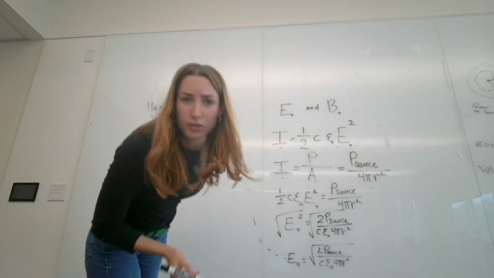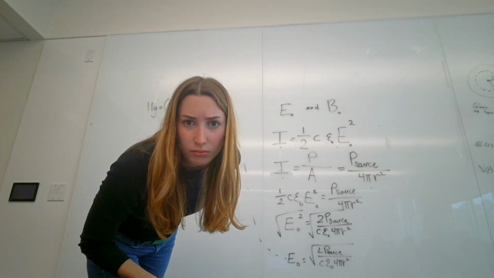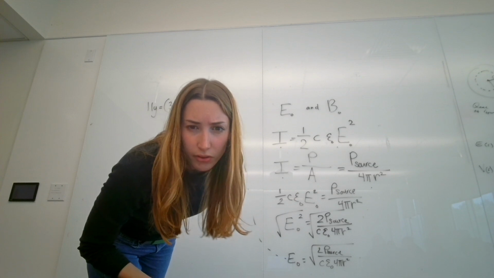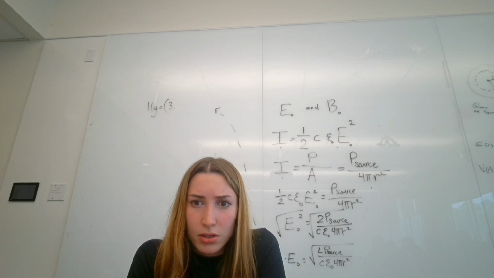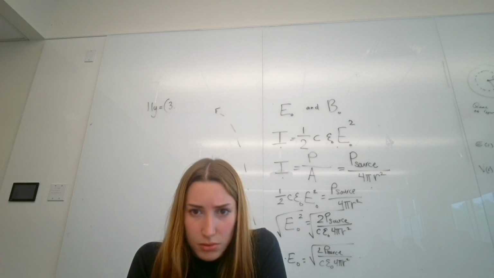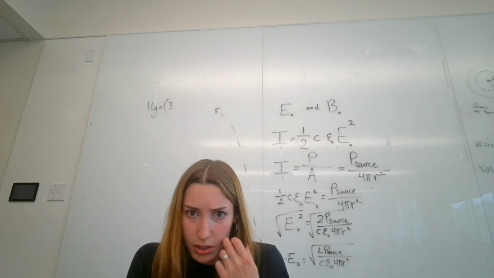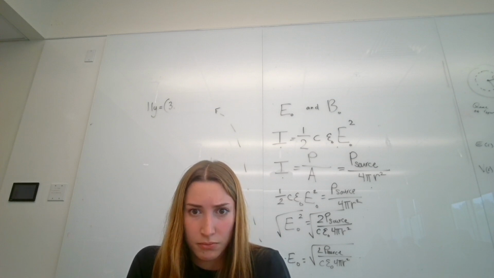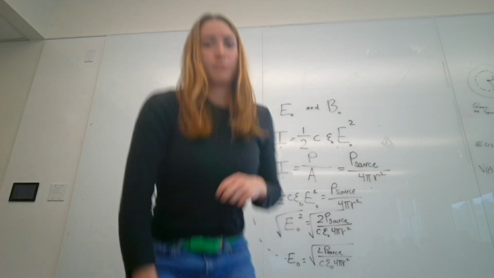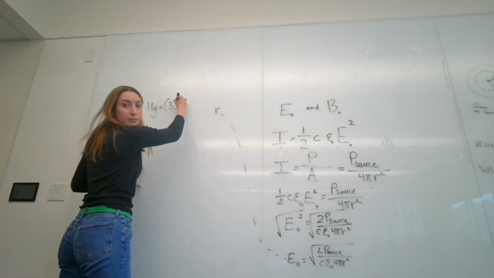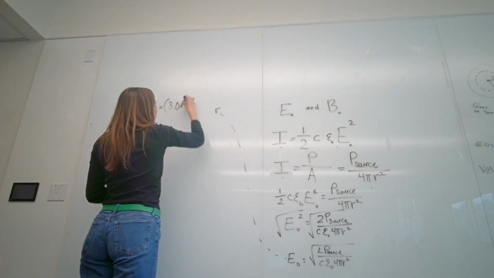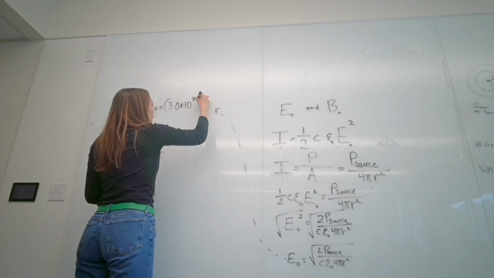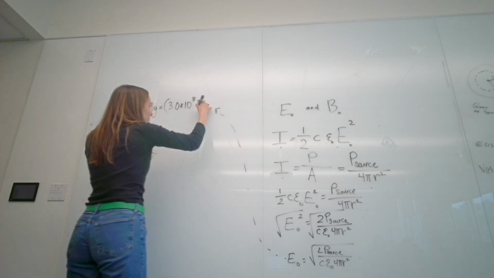3.0 times 10 to the 8. So they're doing C times a year in seconds. The speed of light is in meters per second.